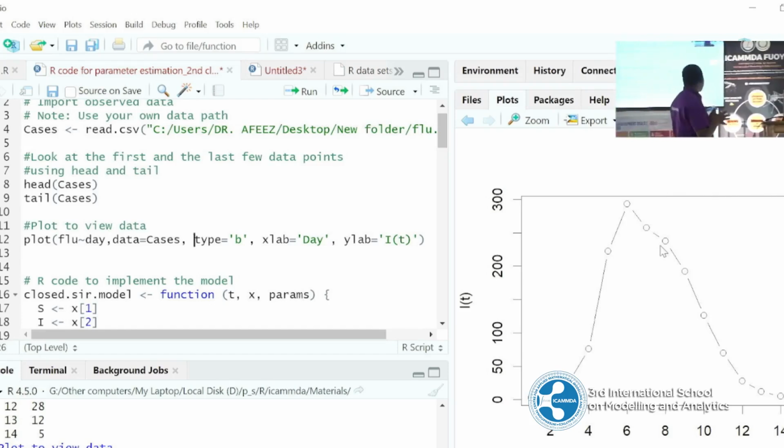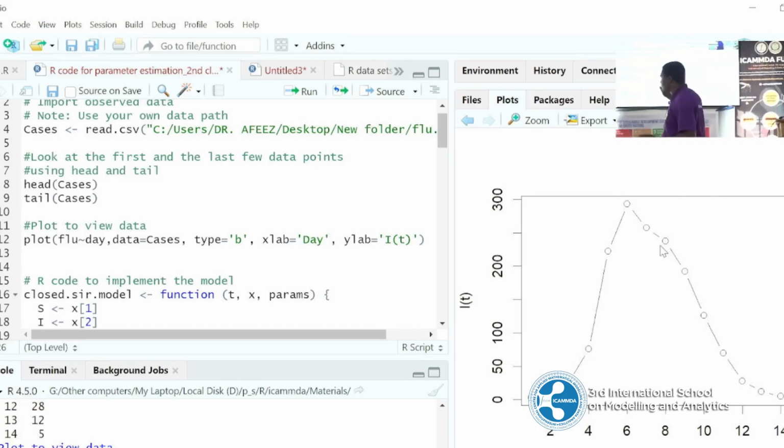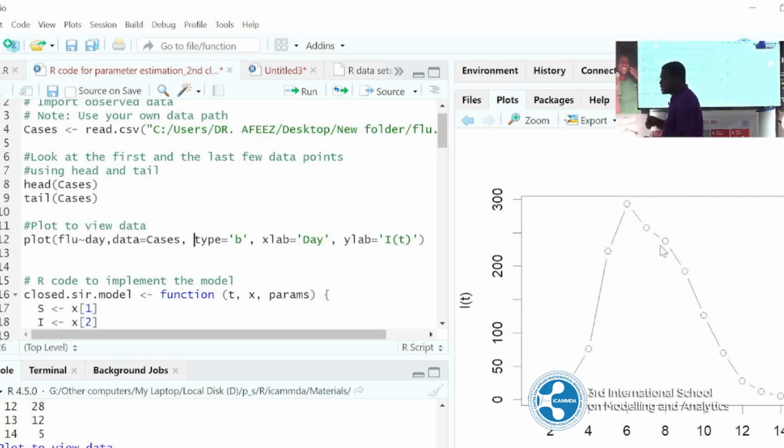Now, I said in the morning, this is where the twist is. If it was a statistical model, I will just look at this data and see the way the data behaves, isn't it?